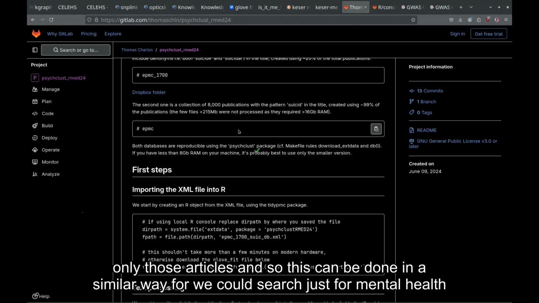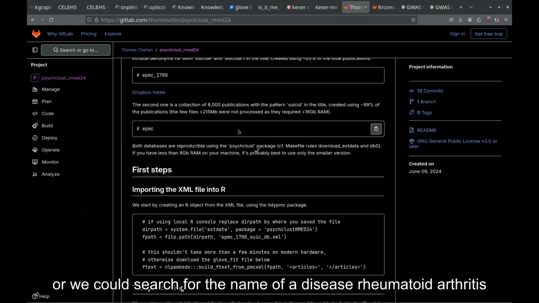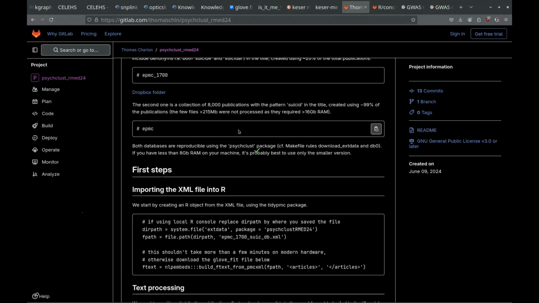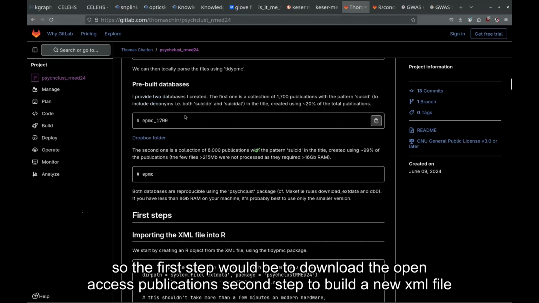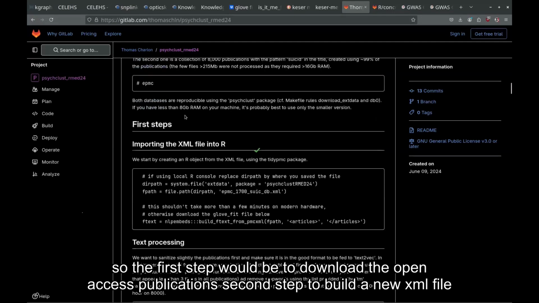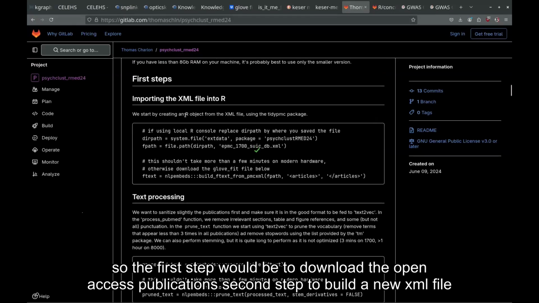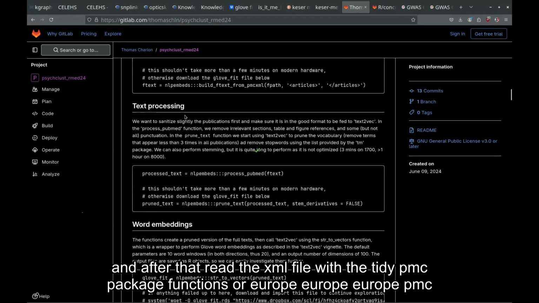And this can be done in a similar way: we could search just for mental health, or we could search for the name of a disease, rheumatoid arthritis. So the first step would be to download the open access publications. Second step, to build a new XML file.